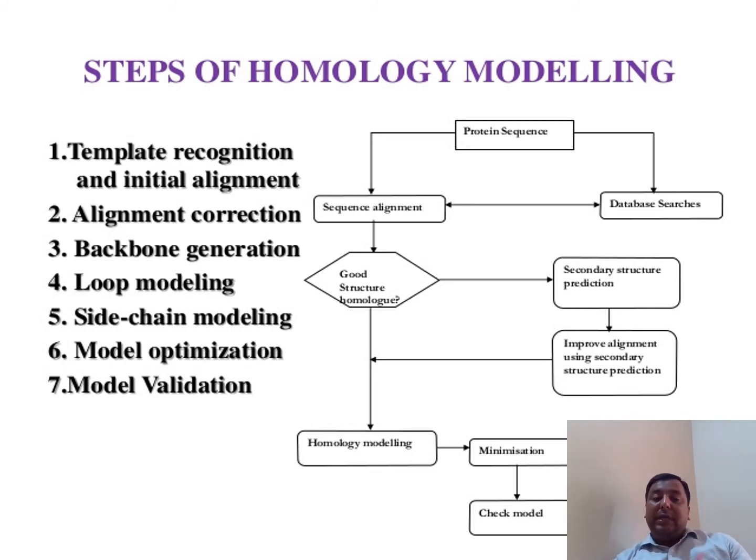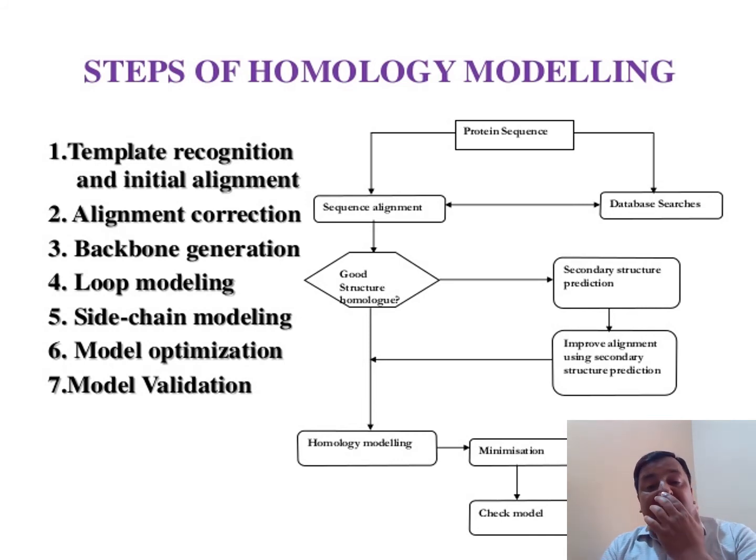After seeing all these things, we take the 3D structure prediction, and then we need to do the optimization of that model. Once we get the model structure, we need to validate the structures by different means, by taking help of different software, tools, algorithms, and even different servers.